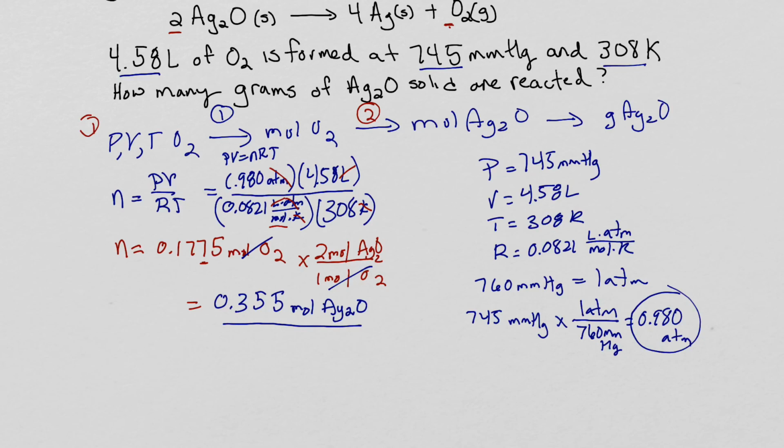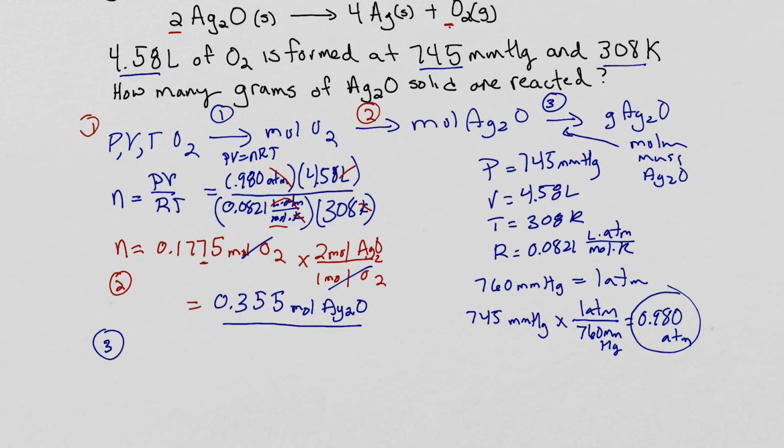Now, our last step, right? So now I have moles. So I did step 2 here. Now I'm going to do step 3, the last step, and I'm going to take the moles here and convert it into grams. Remember, to do that, I need the molar mass of silver oxide.